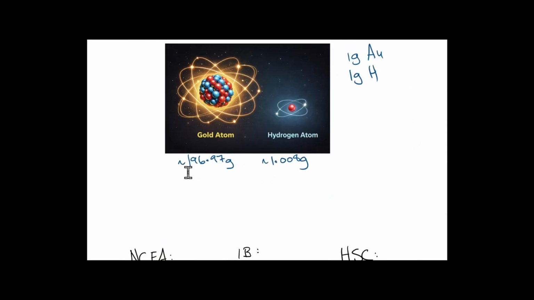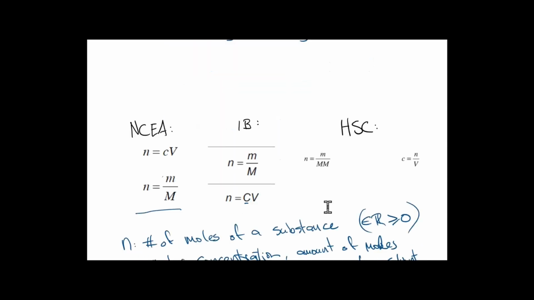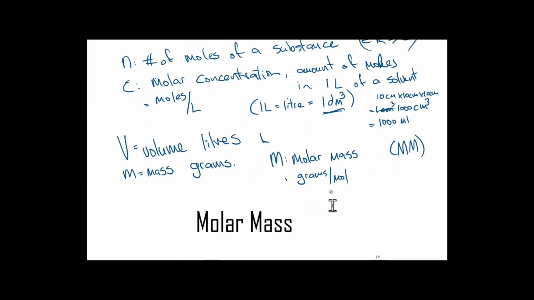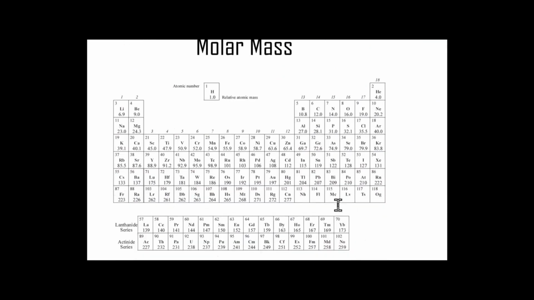If we had 1 mole of gold, it would weigh 196.97 grams. So that is the molar mass of gold. And here 1.08 is the molar mass. Well, it's not quite actually. It's the relative molar mass of hydrogen and gold. So this is expressed in grams per mole.